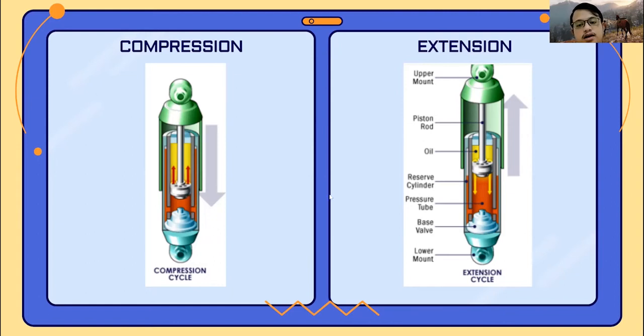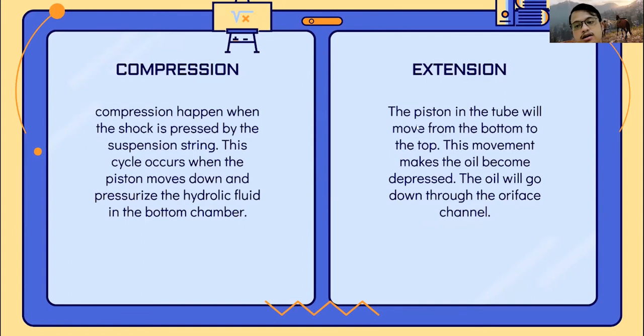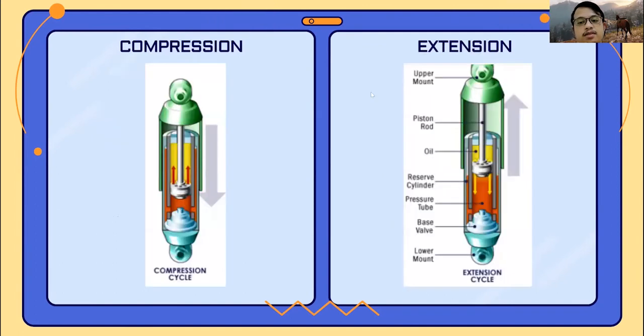And then the extension cycle: the piston in the tube will move from the bottom to the top. This movement makes the oil become pressed and the oil will go down through the orifice channel. And this is the picture of the extension cycle. We can see that the shaft is elongated and the piston will go to the top.